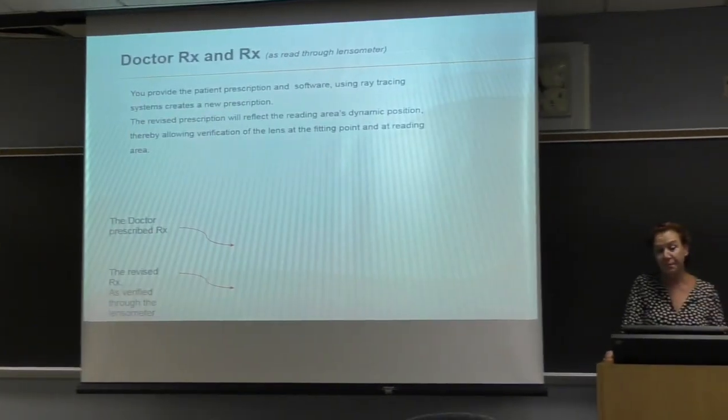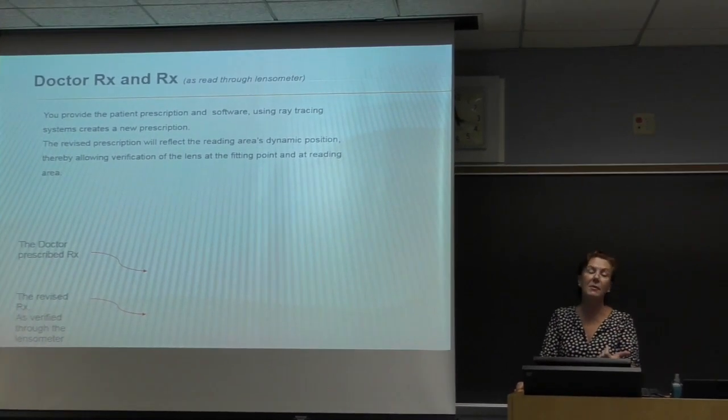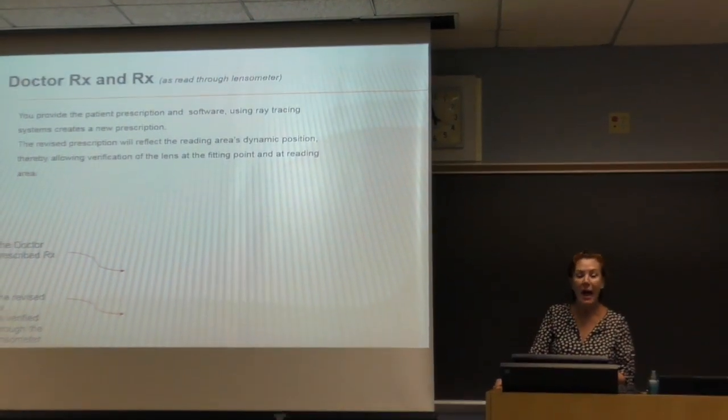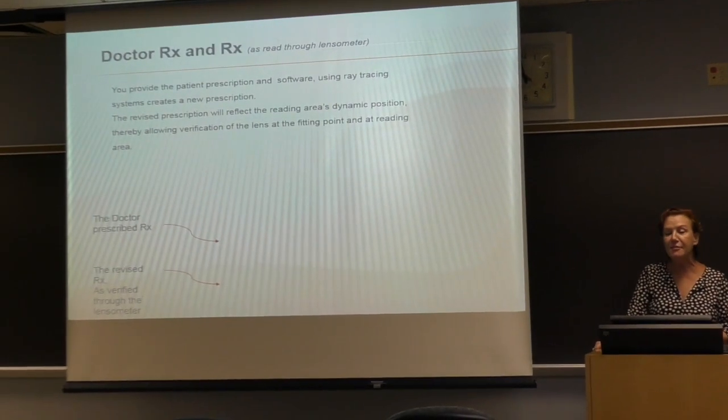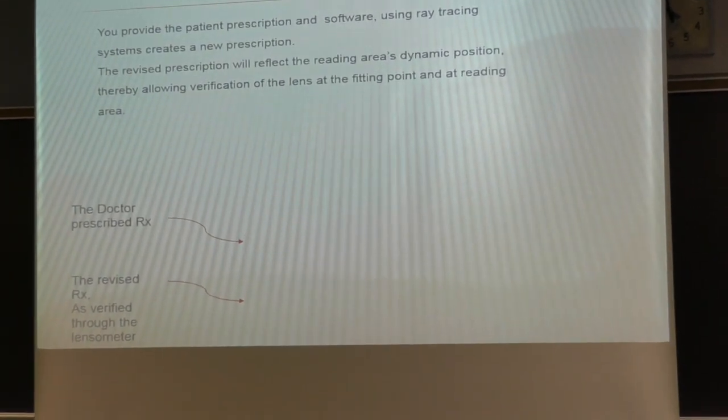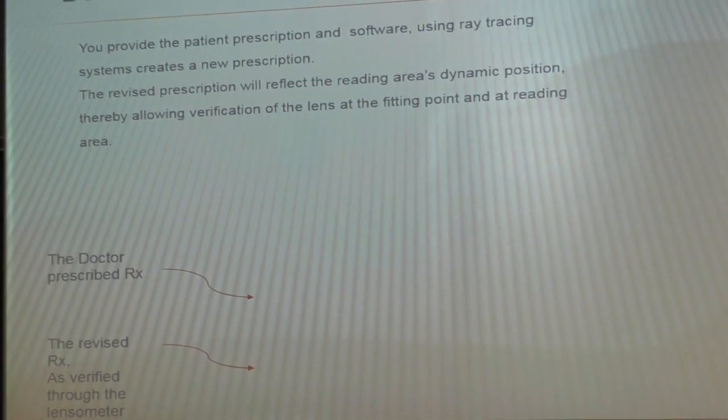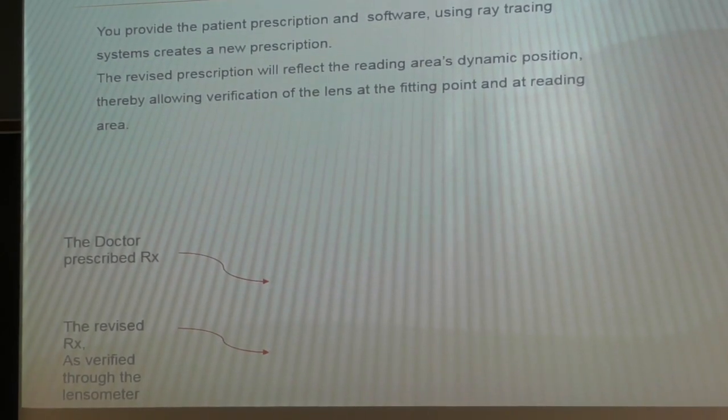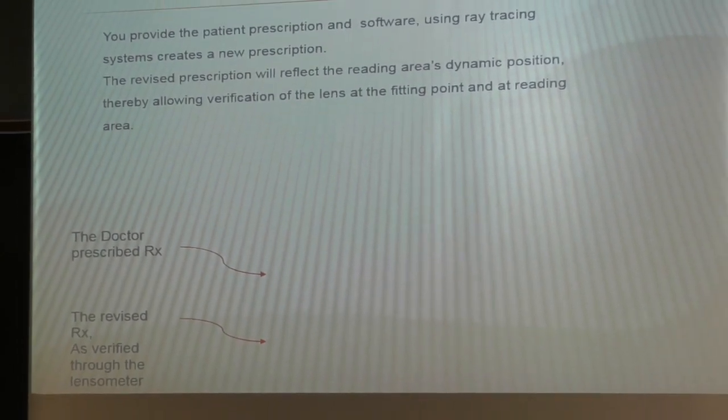So when the prescription comes back from the doctor, and when the lab ticket comes back from the lab, they're going to be different. So in other words, the doctor may have prescribed -2 sphere.